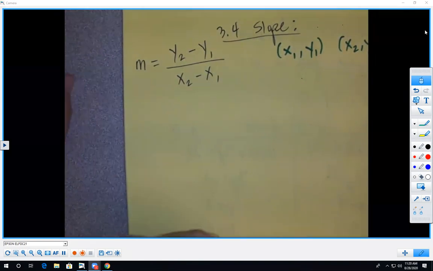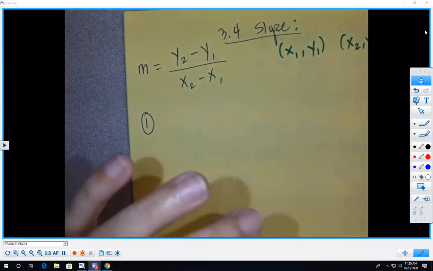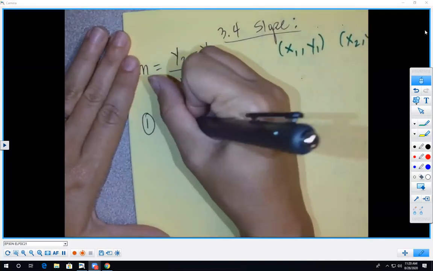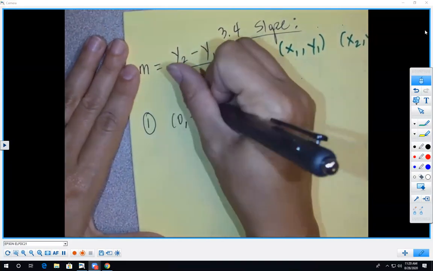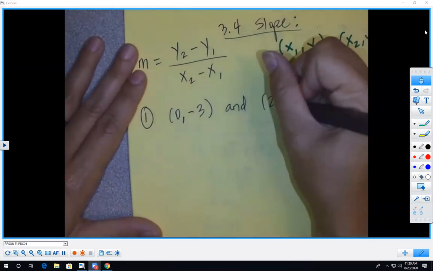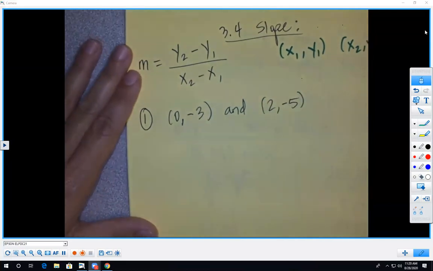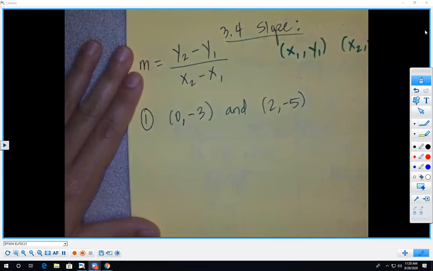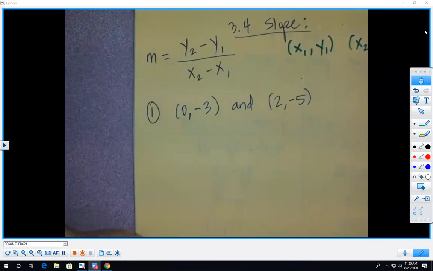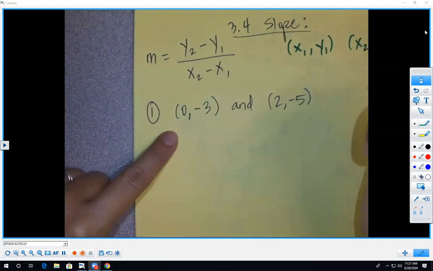Okay, so let's do some problems. Let's start off with the problem: we're finding the slope of the line that contains 0, -3, and 2, -5. One of the biggest mistakes here is plugging the numbers into the wrong spot, so it's helpful if you label your numbers.